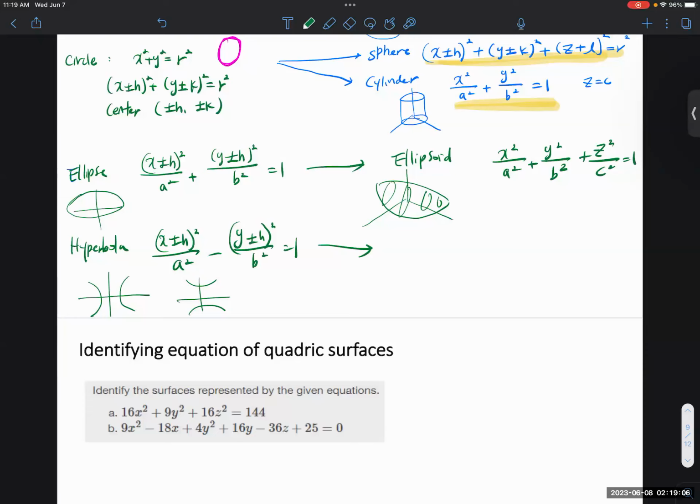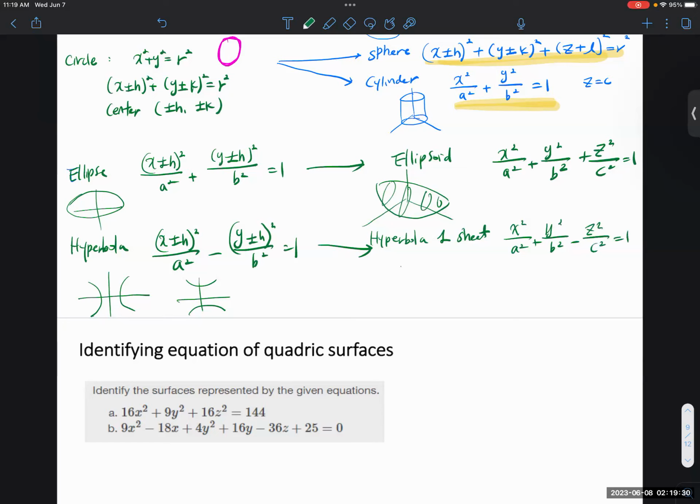One is the hyperboloid of 1 sheet: x squared over a squared plus y squared over b squared minus z squared over c squared equal to 1.